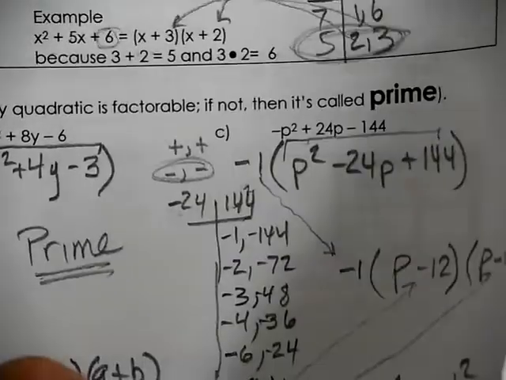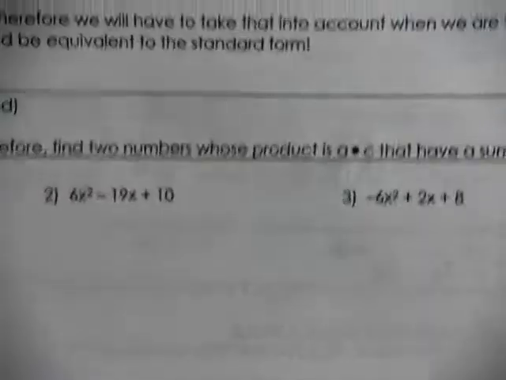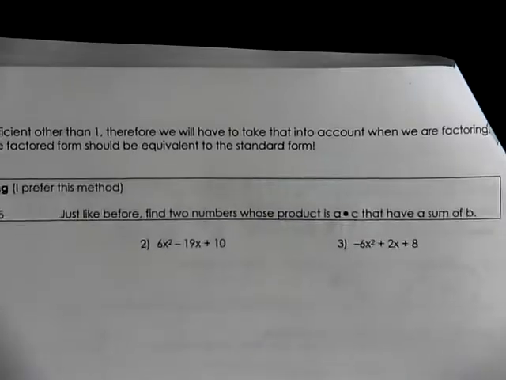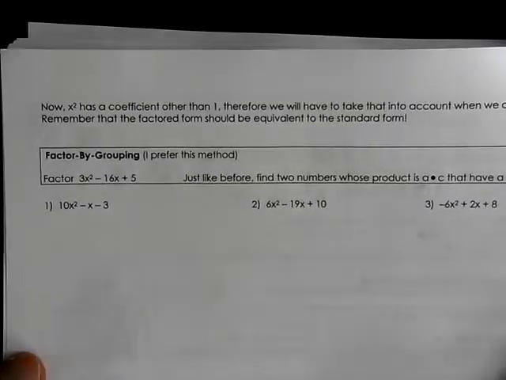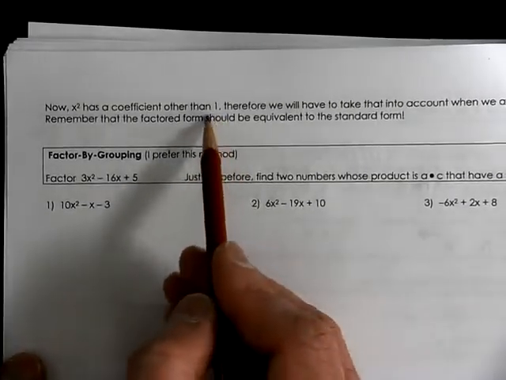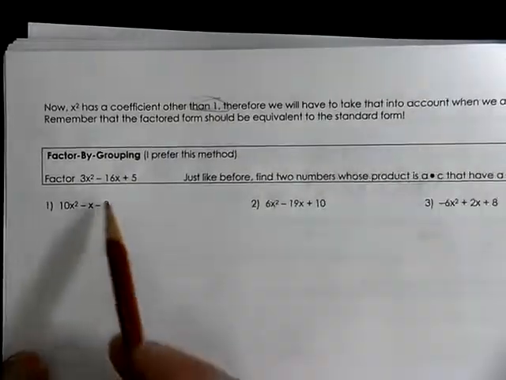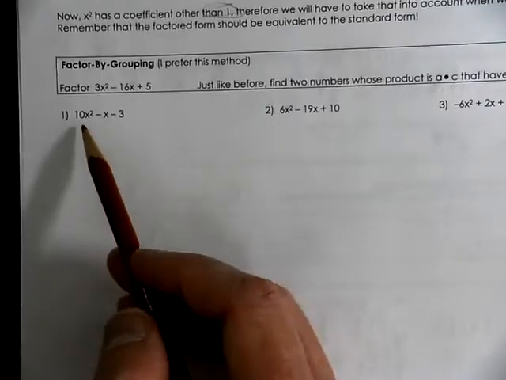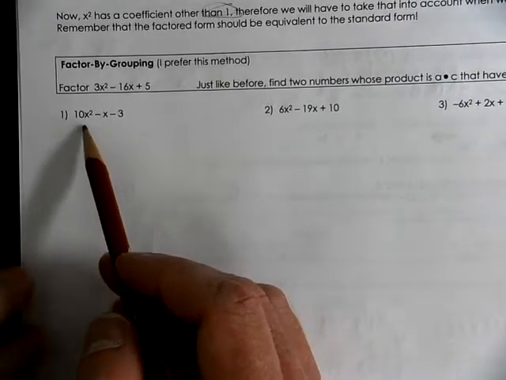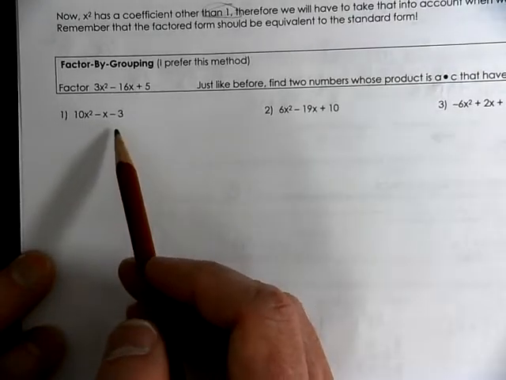Now we move into the final type. What happens if our leading coefficient is other than 1? What if that leading coefficient is a 10 and I don't have a GCF to pull out?